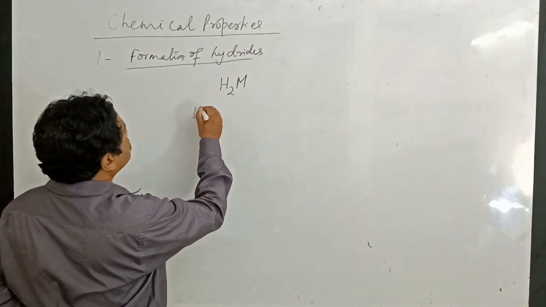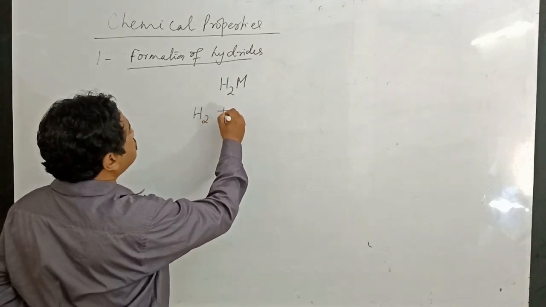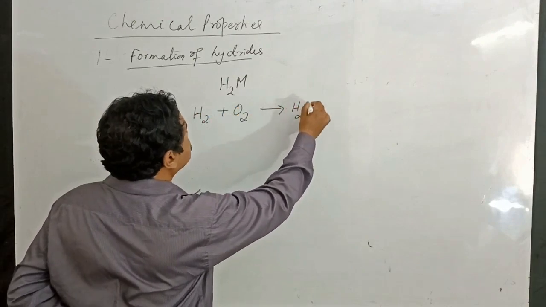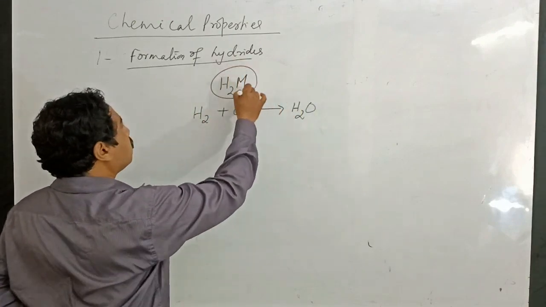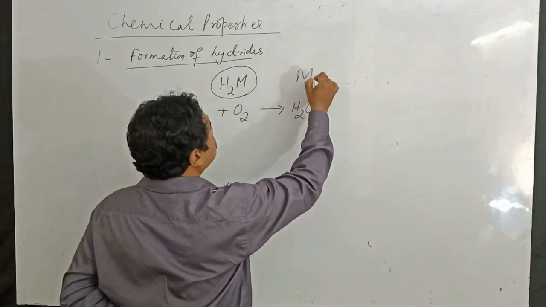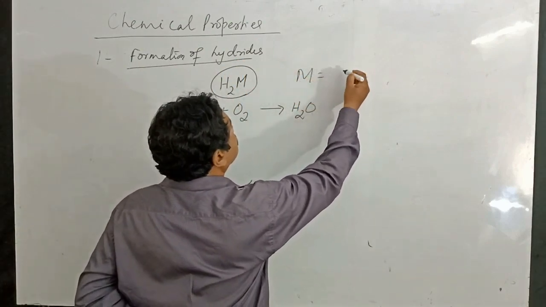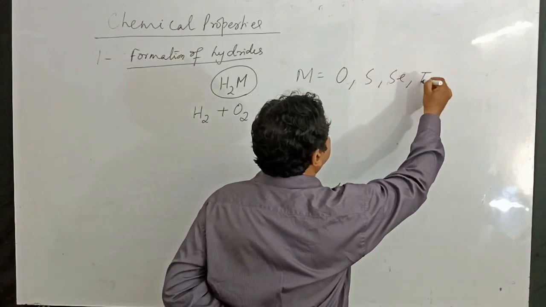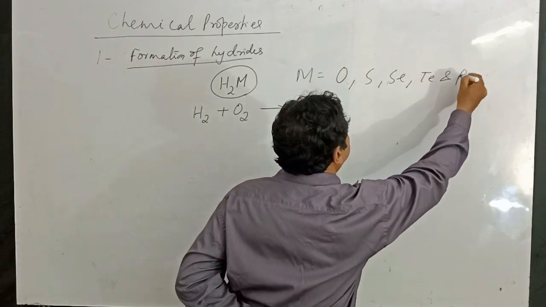For example, when hydrogen combines with oxygen, it gives rise to H2O. So this type of hydride is formed by the group 16 elements, where M may be oxygen, sulfur, selenium, tellurium and polonium.